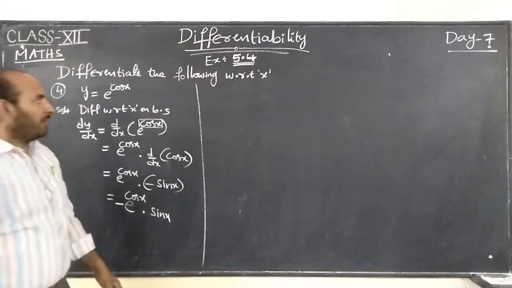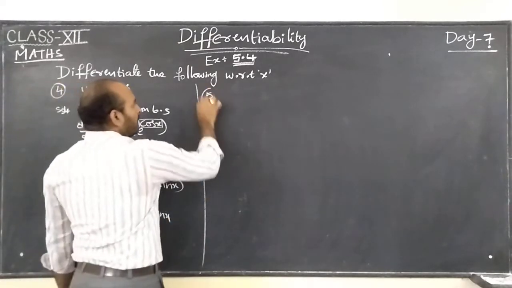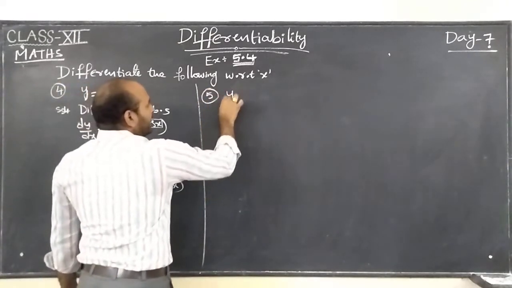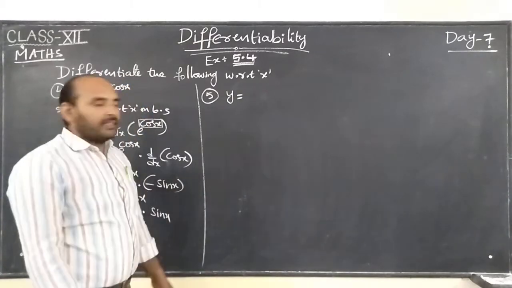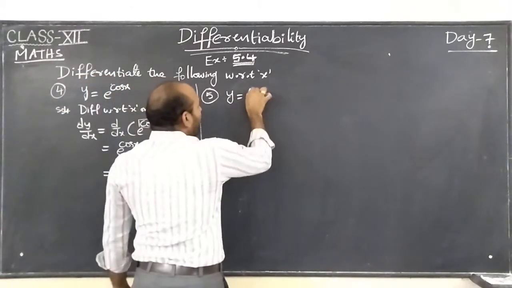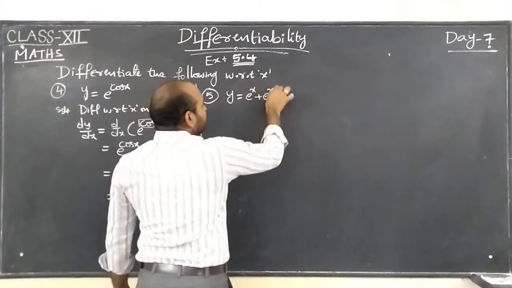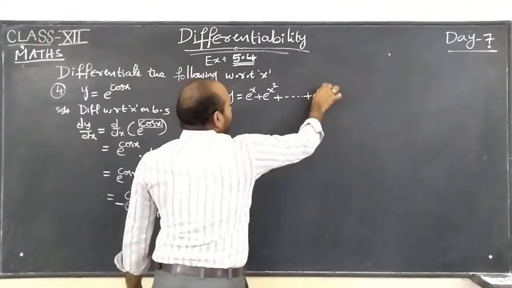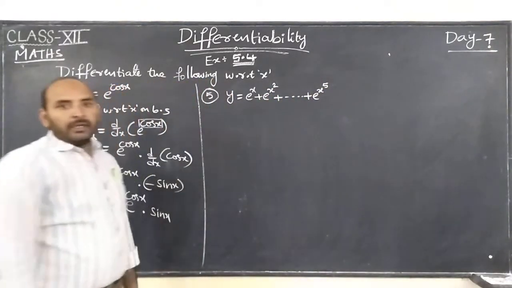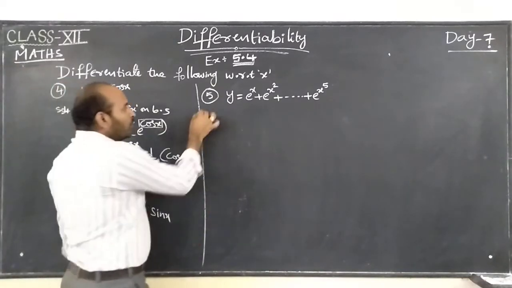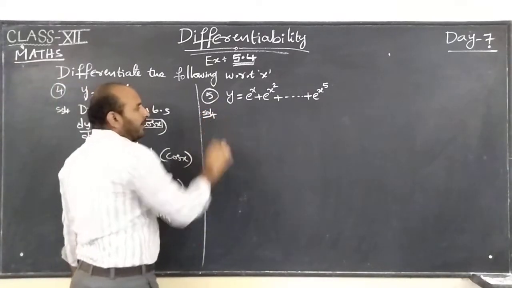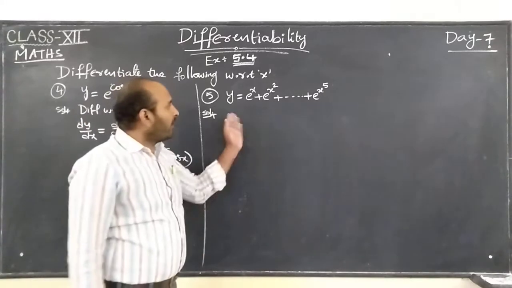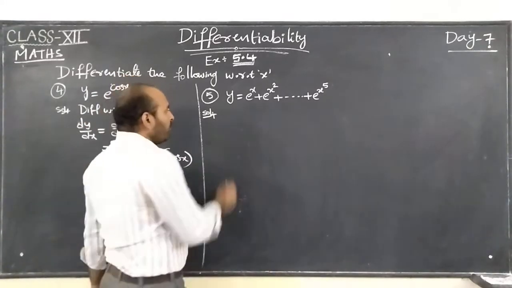Next, problem number 5. Let the function y is equal to e power x plus e power x square plus and so on plus e power x power 5. Find dy by dx. So here again, differentiate the given function with respect to x on both sides.